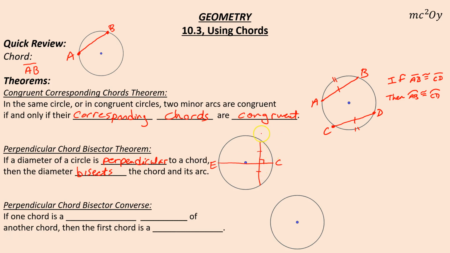And so if we continue this, let's call that point A, we'll call this one point D, we'll call that one point B. Okay, we could say if EC is perpendicular to AB, then EC bisects AB.